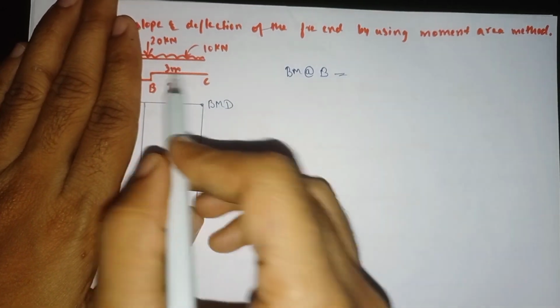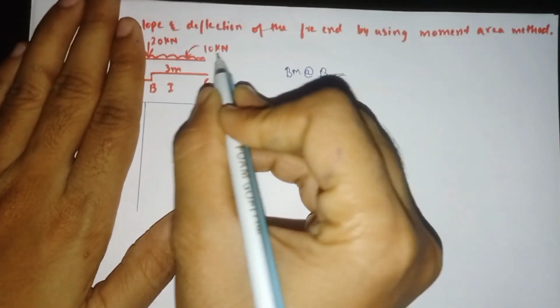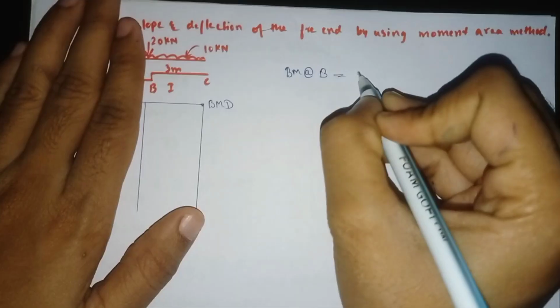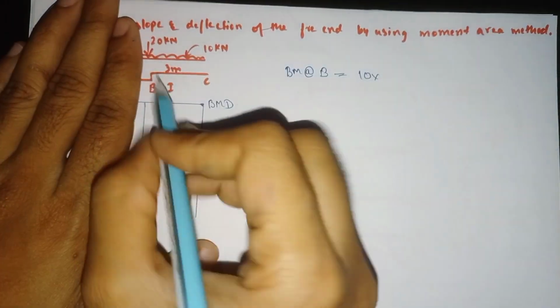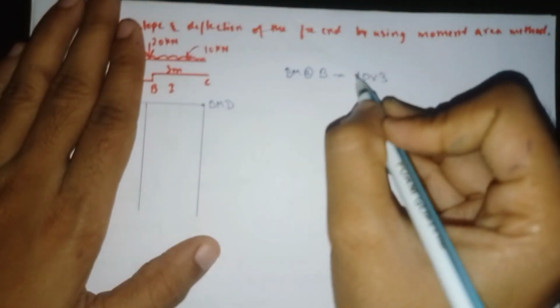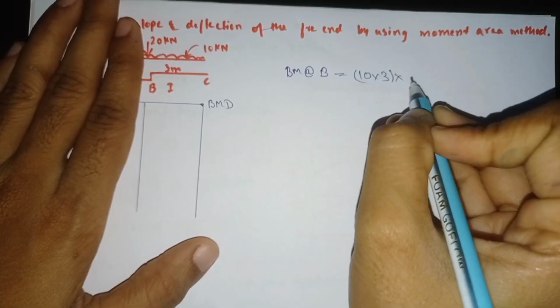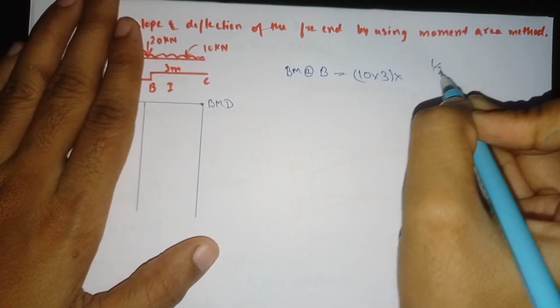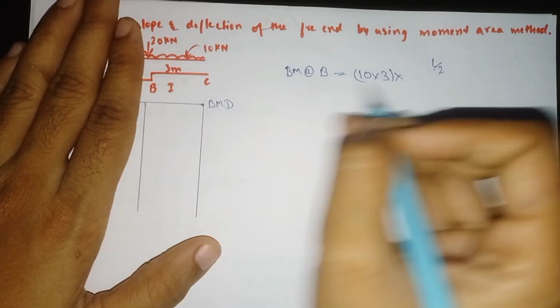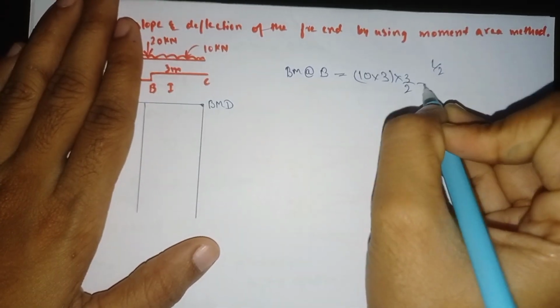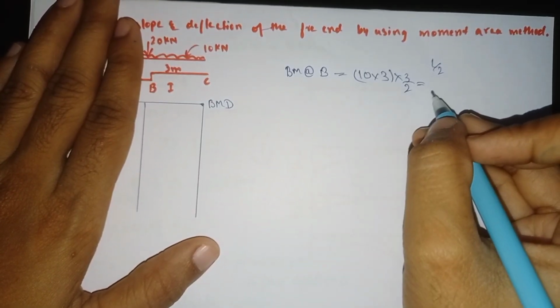Now the bending moment at point B: we have to see only this much. Here the 10 kilonewton UDL is acting, so 10 into 3, at a distance of 3, to convert the UDL to a point load. The UDL always acts at a distance of L divided by 2, so 3 divided by 2.